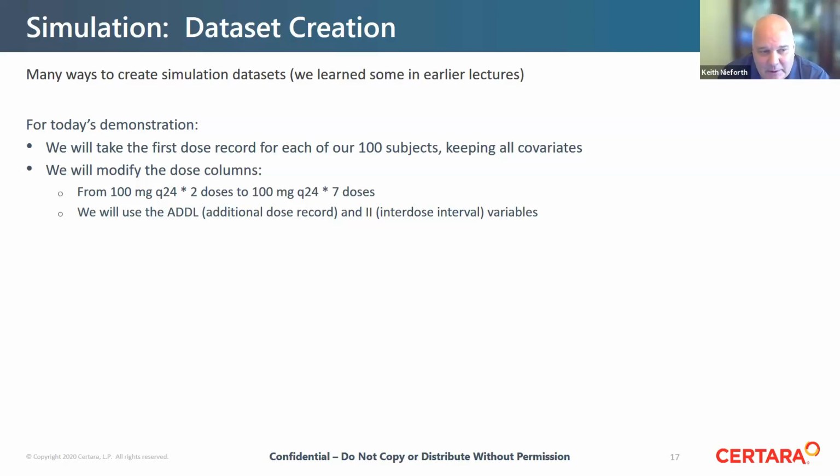What we're going to do is modify that data set by only keeping the first dose record for each of our 100 subjects, so we'll have one row per subject. Then we're going to add 2 dose columns to tell the data set that instead of looking at 100 milligrams Q24 times 2, we're going to give 100 milligrams every 24 hours times 7 doses. The way we do that is with the ADDL, or additional dose record, and interdose interval variables. And I'll explain how that works.